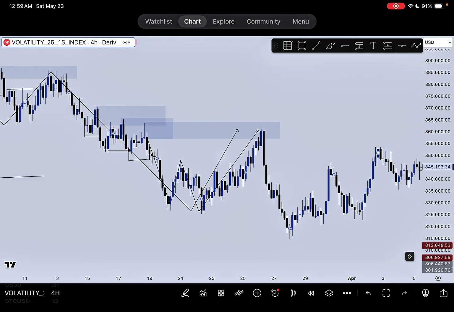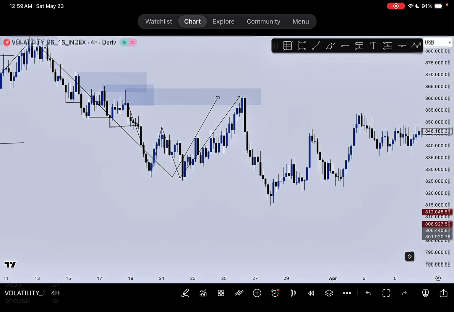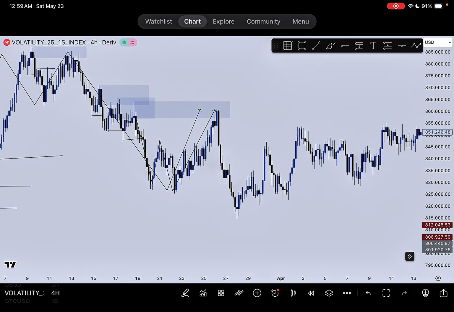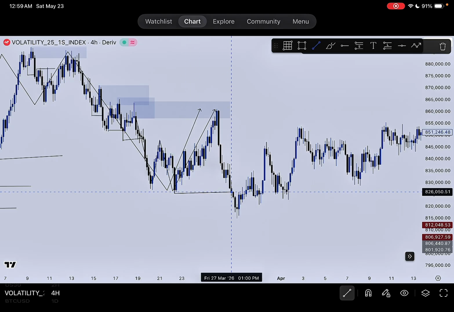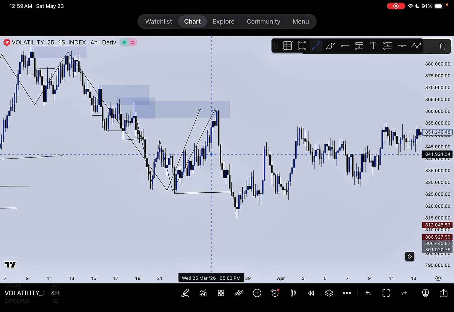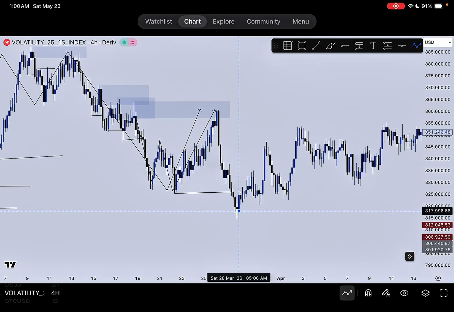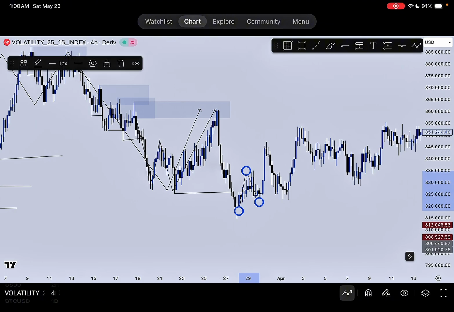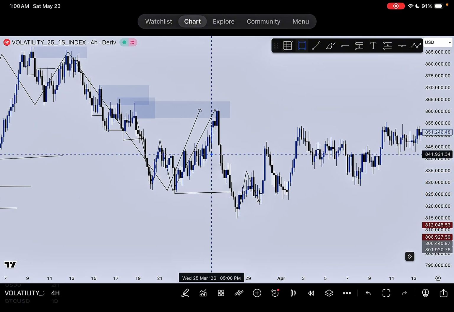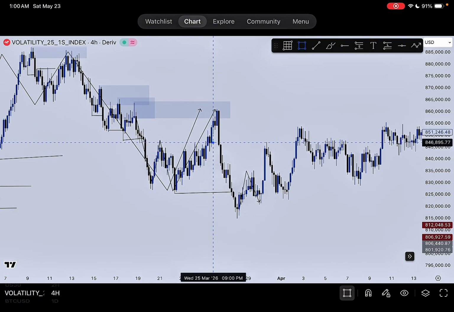The market kept on selling. What did the market do here as well? The market broke structure here as well, gave us an inducement. Where did the market react from? This zone.